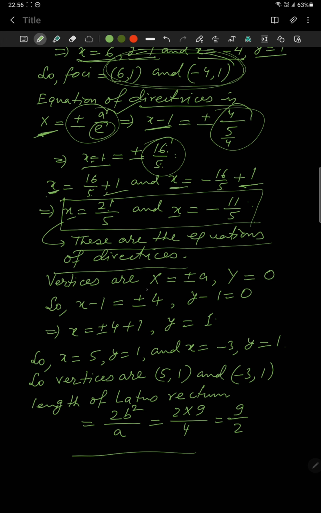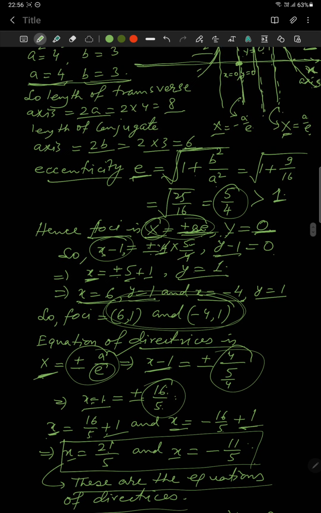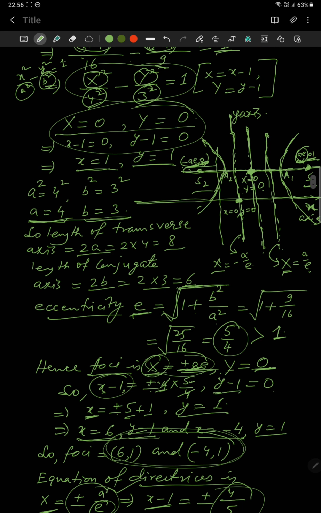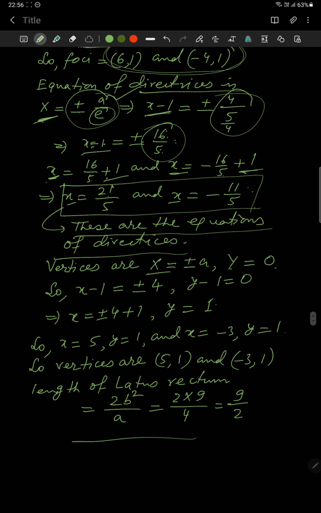And vertices are nothing but capital X equal to plus minus A and y equal to 0. In the diagram I have shown over here, A1 is the first vertex, which is nothing but (a, 0), and A2 is nothing but (minus a, 0). These (minus a, 0) and (a, 0) are nothing but capital X equal to A and capital Y equal to 0, and capital X equal to minus A and capital Y equal to 0, which is what is shown over here.